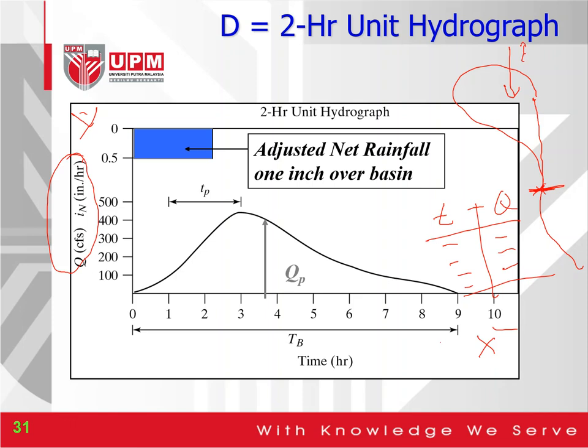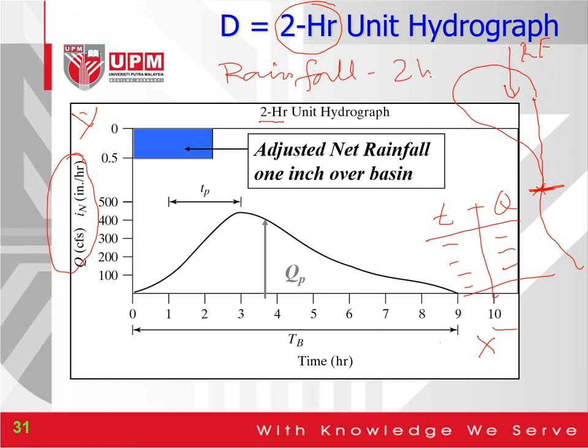So what is the rainfall then? This is the rainfall, and it says here 2-hour unit hydrograph. How do we define 2-hour? The 2-hour here is the rainfall duration, which was 2 hours.